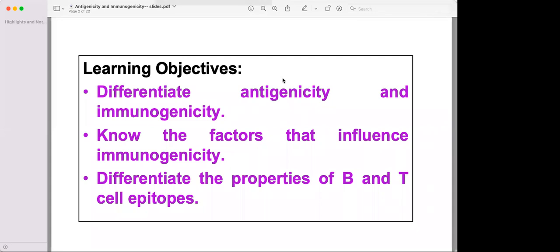This is the reason which makes us focus on understanding the properties of B cell and T cell epitopes, which means the antigens must be recognized by the B cell receptors, and also the antigen must be recognized by the T cell receptors. So we shall be comparing the difference between the recognition of antigen by the B cell receptors and the recognition of antigen by the T cell receptors.